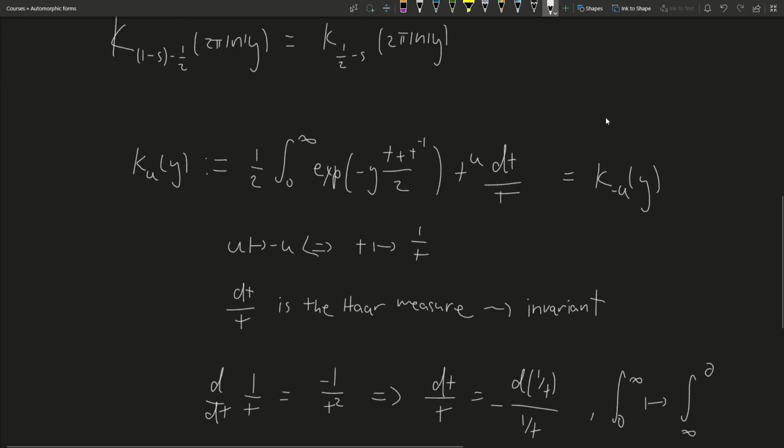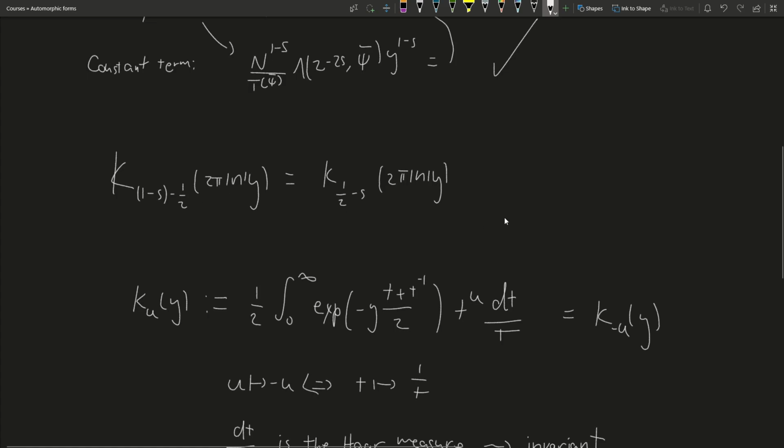Okay, so what that means is that this K-Bessel function that appears in the Whittaker function is invariant under s goes to 1 minus s. Right, because the end result is that we're sticking a minus sign in front of the s minus 1/2.